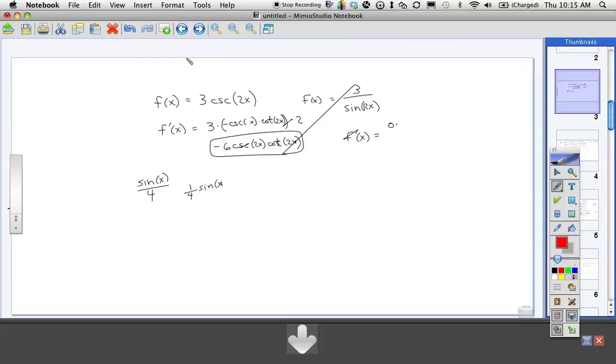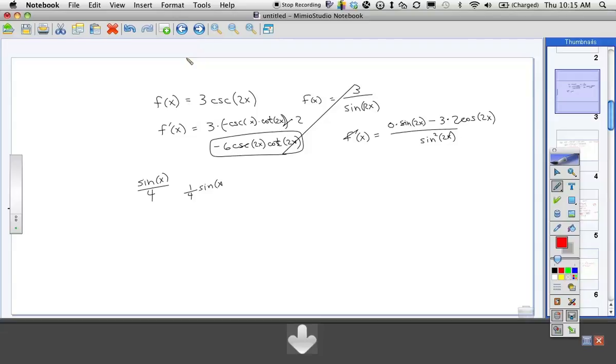0 times sine 2x left alone minus the top left alone times the derivative of the bottom, which is 2 cosine 2x, because you have to kick out the 2, right? All over the bottom squared, right?